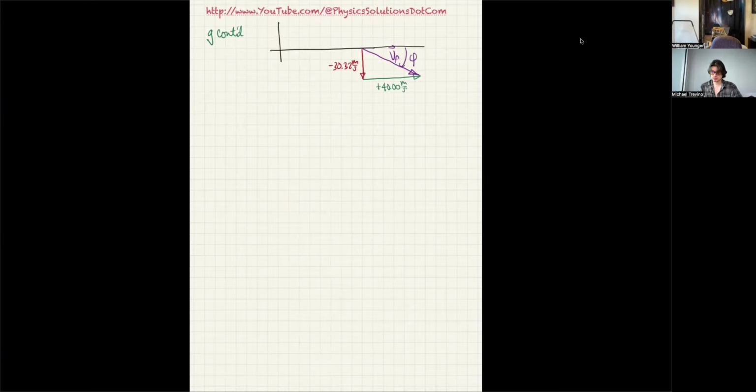Notice the green line here is parallel to the black line here, and then this line right here is a bisector. So this angle and this angle are alternate interior angles. If you haven't had geometry, you might not know any of that terminology.